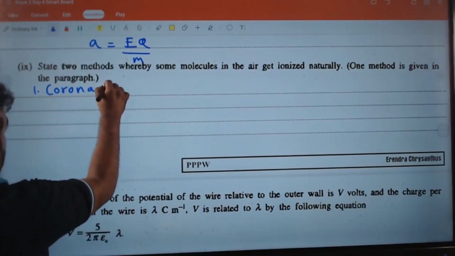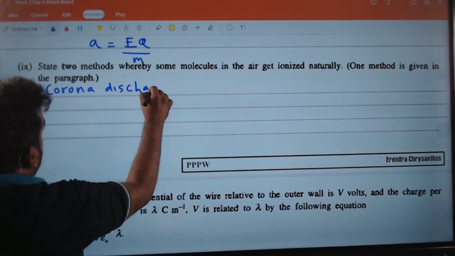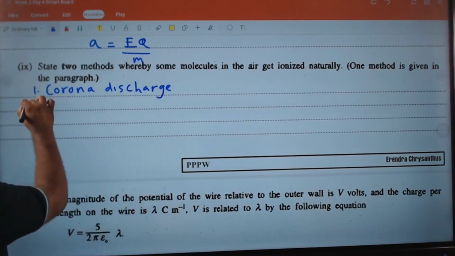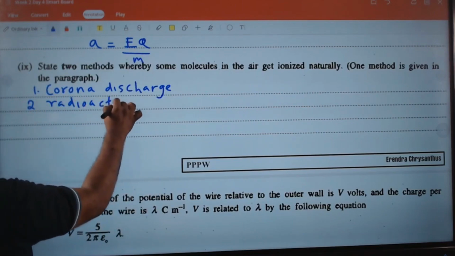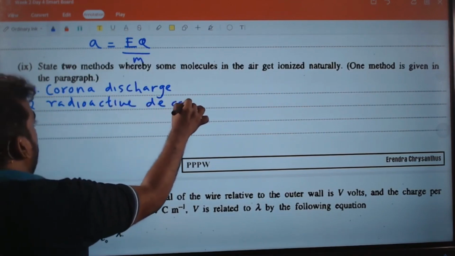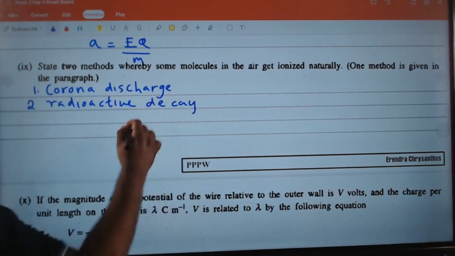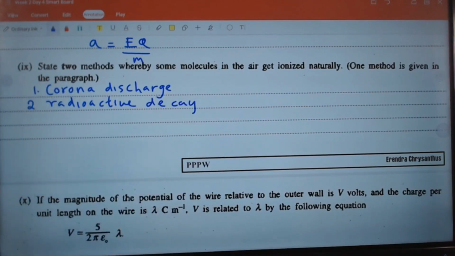The next is radioactive decay. Due to radioactive decay, alpha decay, beta decay, gamma decay, ionization will take place.